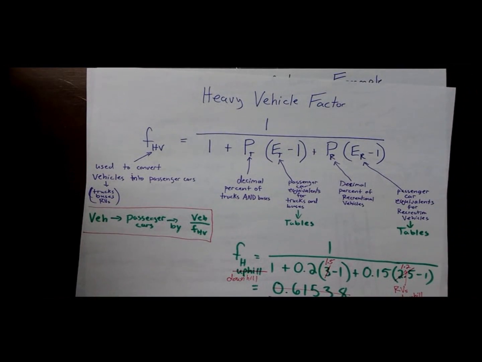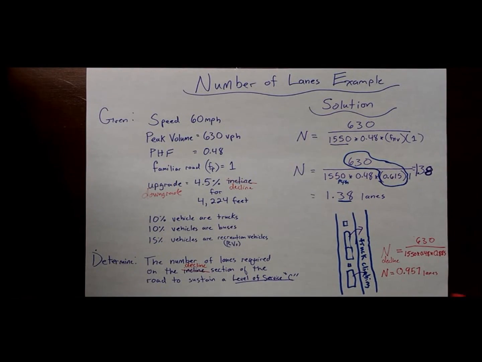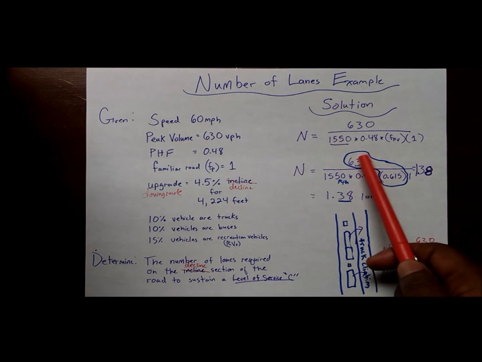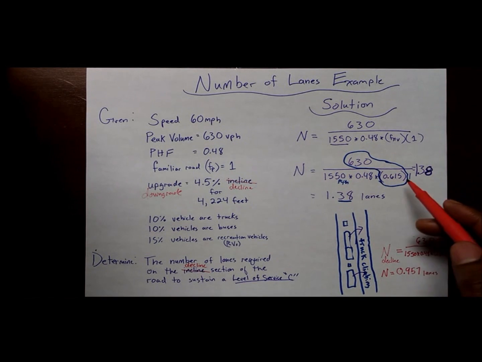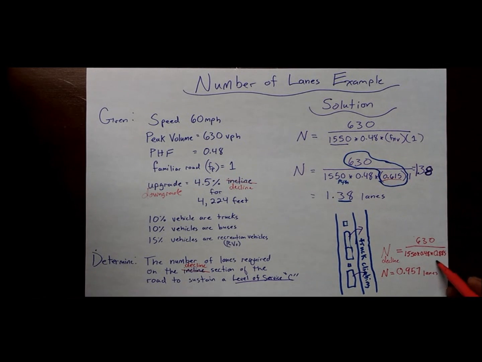See what happens. And so here we have it. Just put the 630, same as up there, 1550, same as up there. Peak hour factor is the same, so the only difference here is going to be your heavy vehicle factor, because of course the familiarity factor is going to be 1. That's not going to change anything.